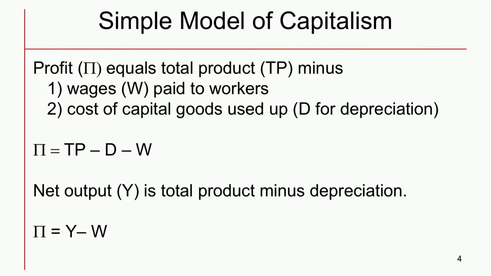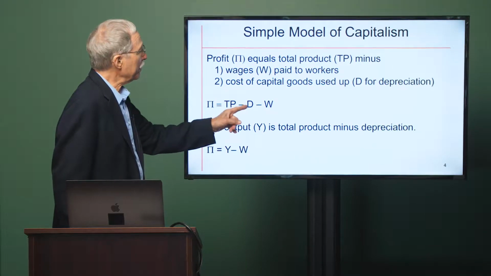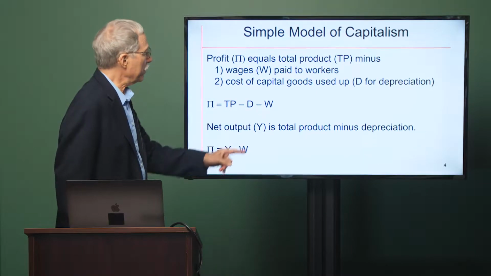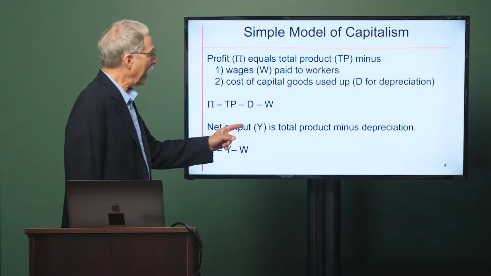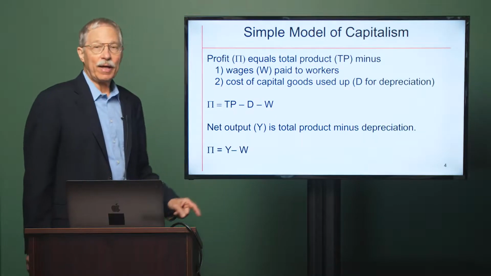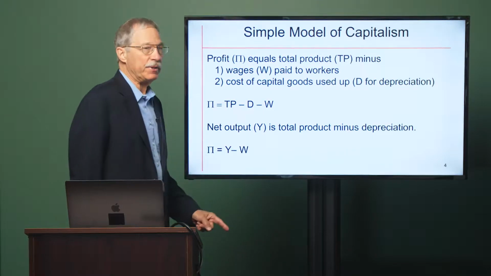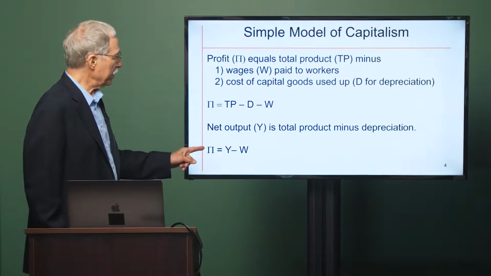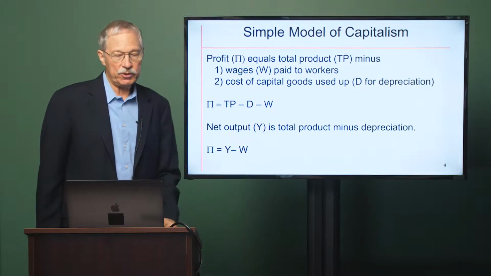Thus, symbolically, we have total profit is equal to the total value of output minus depreciation minus wages. Then I'm introducing the concept of net output, using the letter capital Y for net output, which is simply the total product minus depreciation. Thus, we can write total profit is equal to net output minus wages.